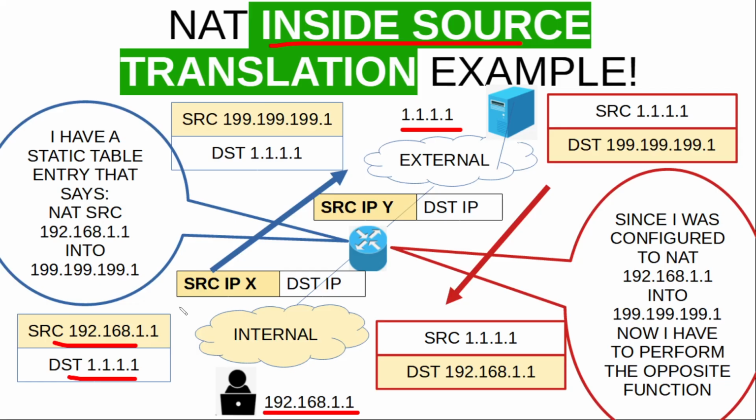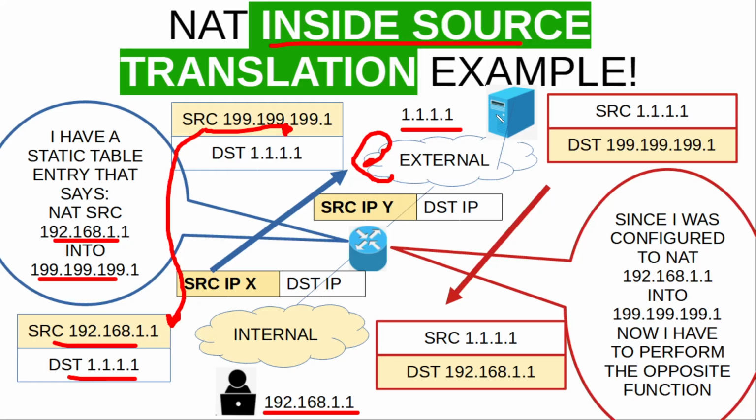When this packet reaches the default gateway, it will notice that it already has a NAT table that says that this source IP address should be translated into this public IP address. So when this packet gets forwarded into the internet, we are going to see that the source IP address was changed into a public routable IP address.